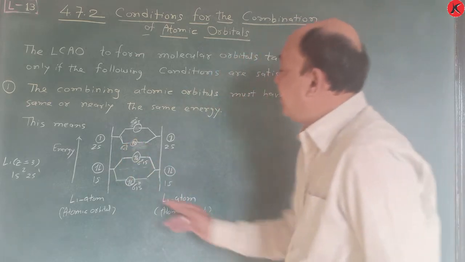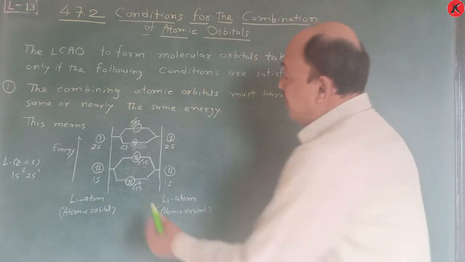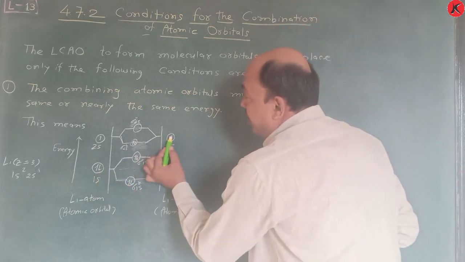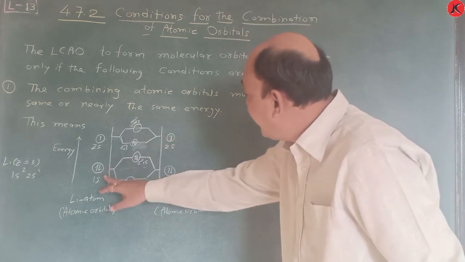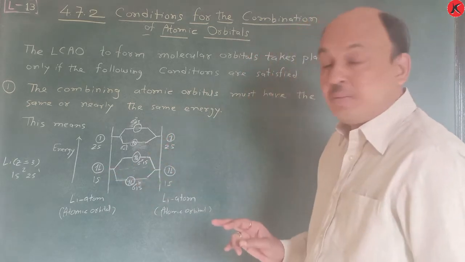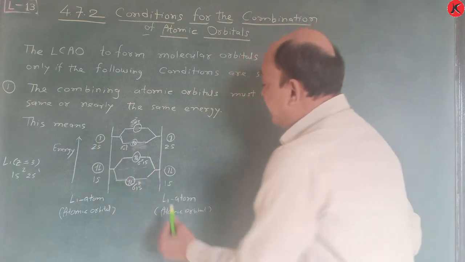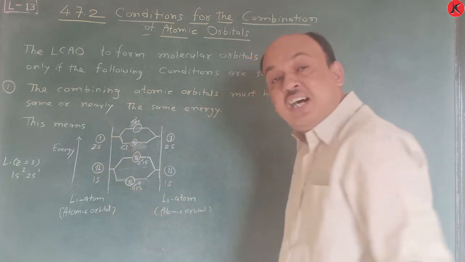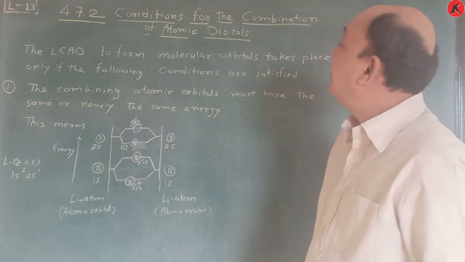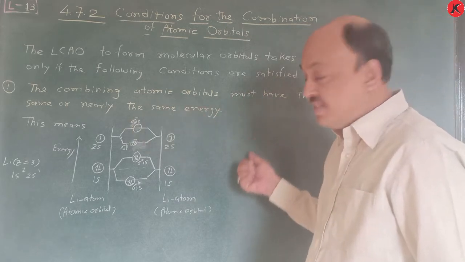This means the 1s orbital has lower energy as compared to the 2s orbital, so combination of 1s and 2s is not possible. Remember this one: 1s has lower energy and 2s has higher energy, and that's why the combining atomic orbitals must have the same or nearly the same energy.